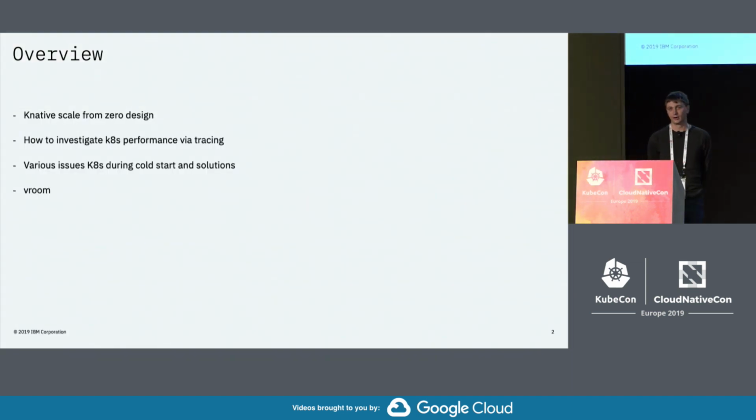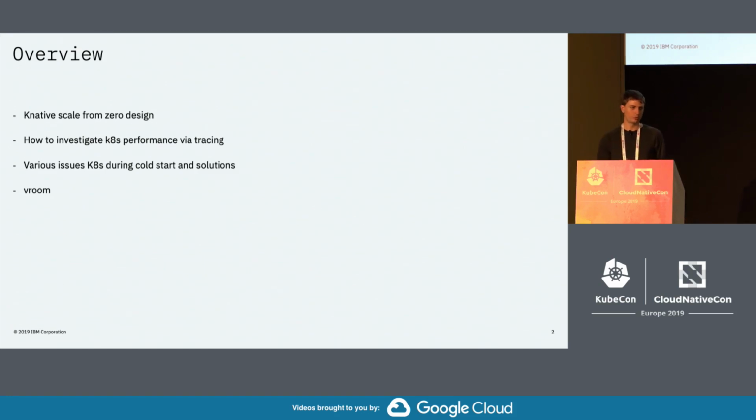So how we're going to get there. I'm going to start with a bit of Knative design, and specifically our architecture for what goes on during scale from zero, just to give some context about the things I'm discussing later on. Then there's going to be a lot of discussion about investigative techniques and specifically how we can get tracing spans that are meaningful and detailed analysis about what's going on when we're mutating Kubernetes resources.